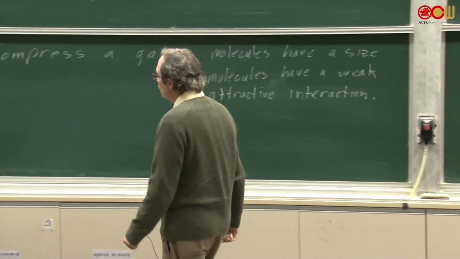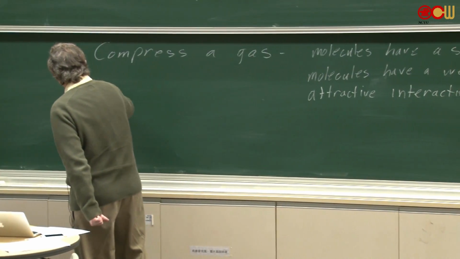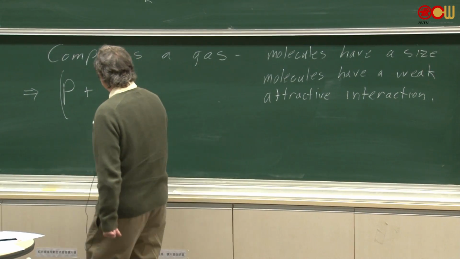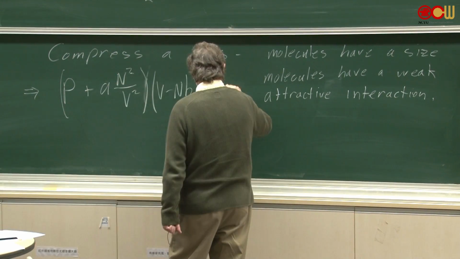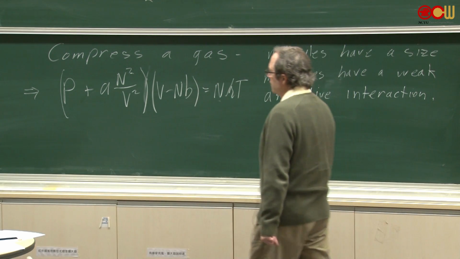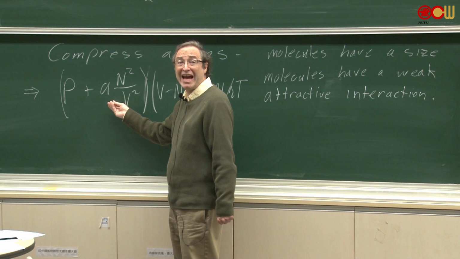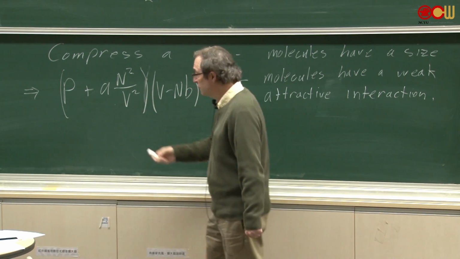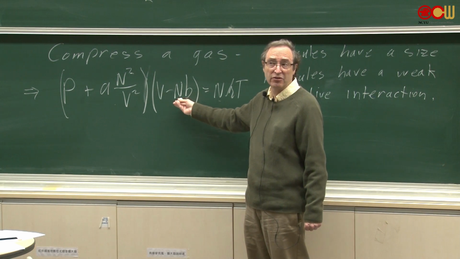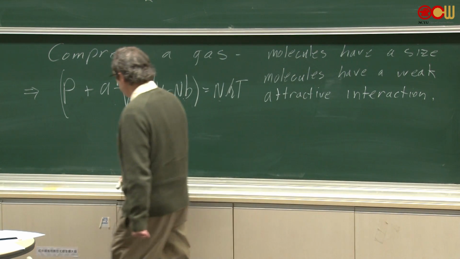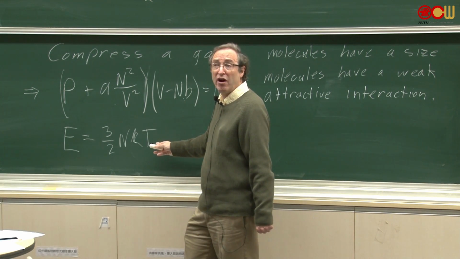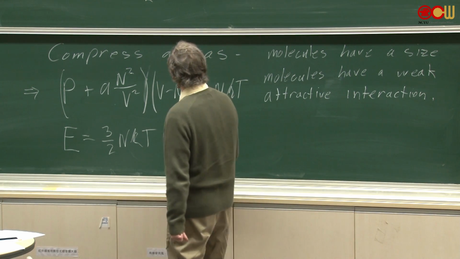And what this leads to is the following result for the pressure. So the ideal gas law is changed to the following. All right? So this takes into account the attractive interaction of the particles, and this takes into account the size of the particles, right there. And if you look at the energy, whatever you had before, and we'll talk about how this could be modified.